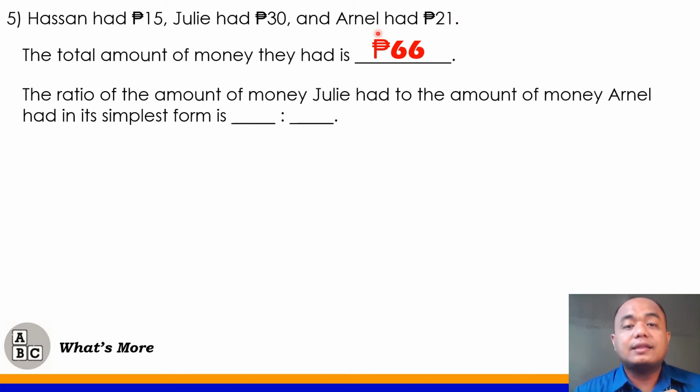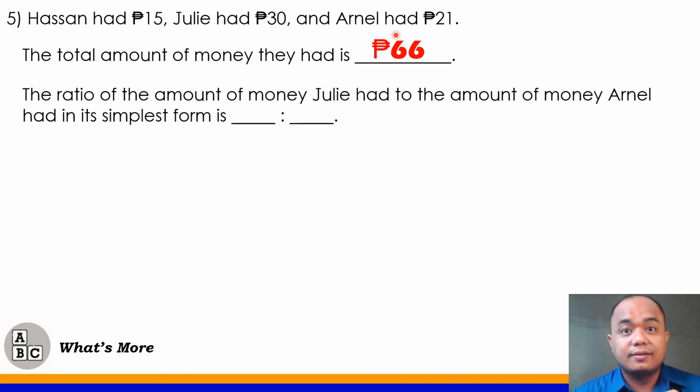Now, that can be expressed in simplest form by finding the greatest common factor or GCF. Yung GCF class again, siya yung number na pinakamalaki na pwedeng makahati sa 30 at saka sa 21. Ano kaya yung number na pwedeng makahati sa 30 at saka 21? Yung pinakamalaki dapat.